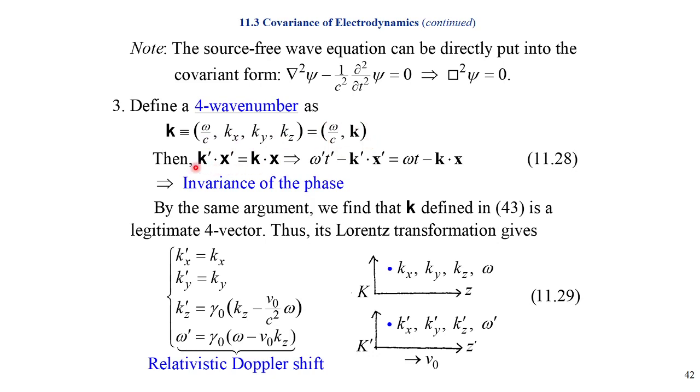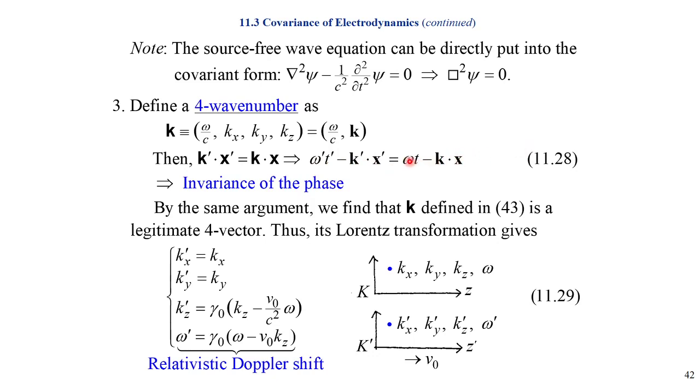Therefore, we have 4 positions. The inner product A dot B equals A prime dot B prime. Therefore, we got this one: omega prime t prime minus k prime dot x prime equals omega t minus k dot x. The value will be a constant.